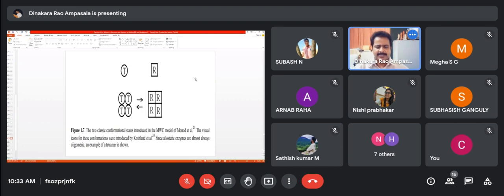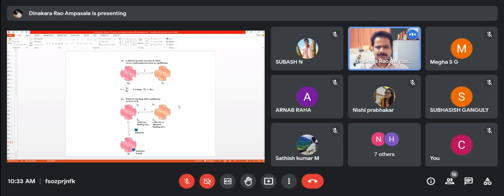So T subunits together form the less active form. This can convert into the more active square form, where it will bind to other allosteric site activators. So this can interact more with the substrate molecule, and more product will be formed. They have given a schematic representation of substrate binding sites as well as allosteric activator and inhibitor sites.